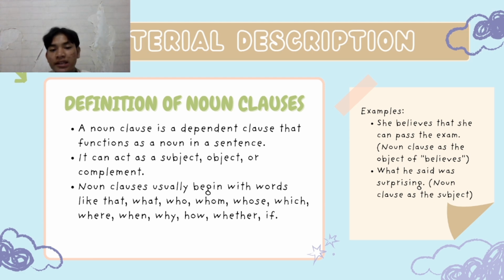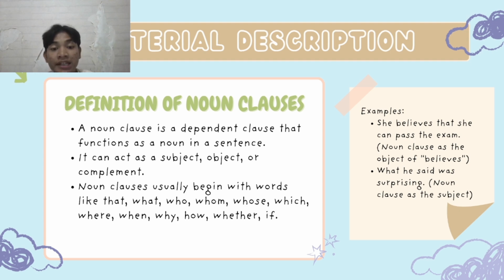Sentence 2: What he said was surprising. Why is it a subject? The whole clause "what he said" appears at the beginning of the sentence, and it is the thing being talked about. The verb here is "was," and the complement is "surprising."